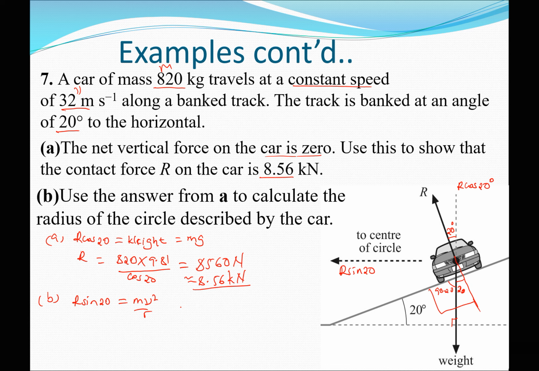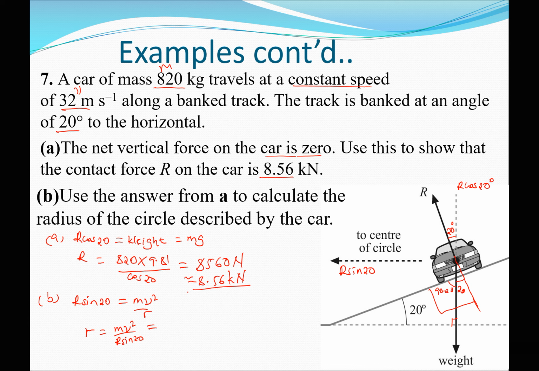So the component, the force which points towards the center, is the one which provides the centripetal force. So it means the radius r is going to be mv squared divided by R sine of 20.